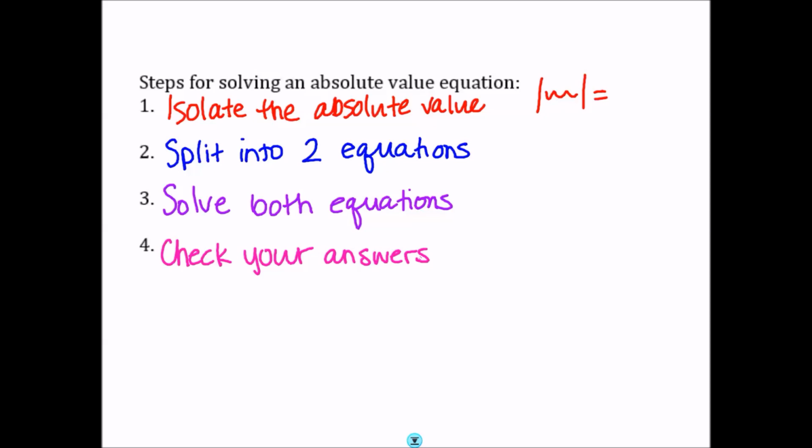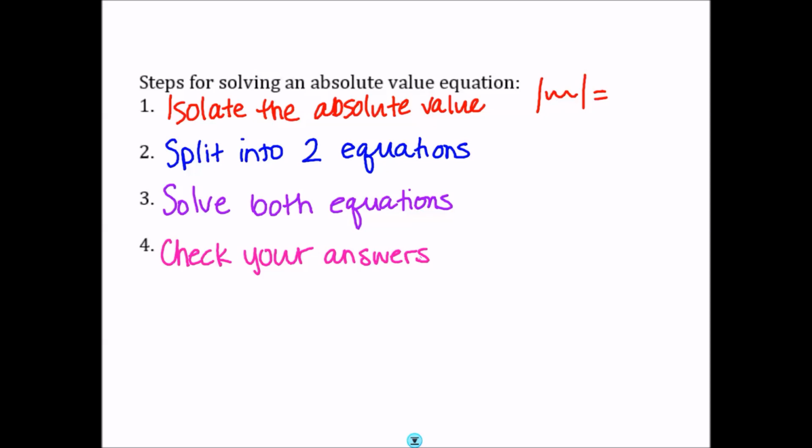Checking your answers is extremely important when it comes to absolute value equations because sometimes you can end up with these things called extraneous solutions. That means that you do all of your math correctly, but when you check your work, one or both of the answers might not work. They might not make the original equation true.